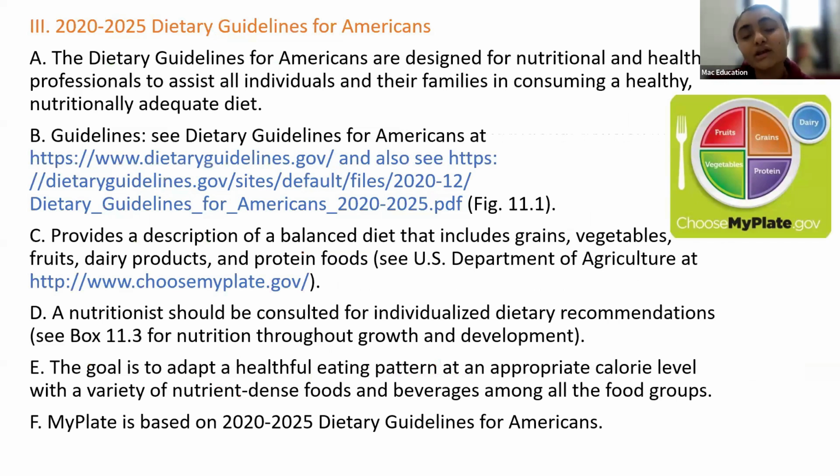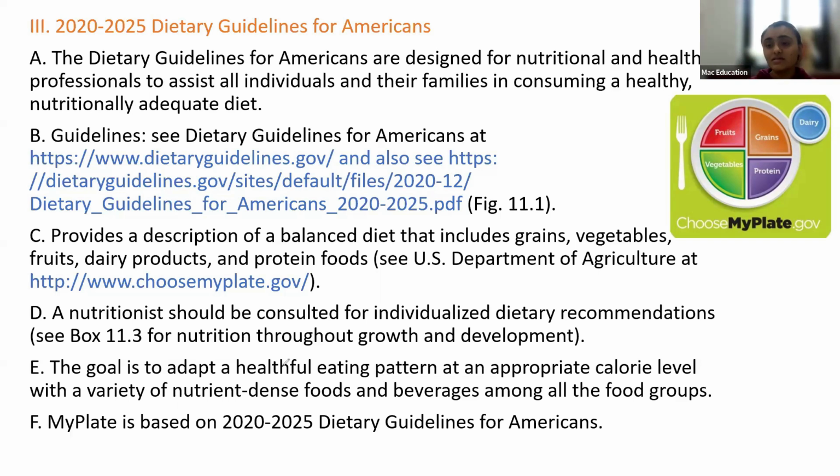Next, we have seen the 2020 to 2025 dietary guidelines, which are designed by some professionals for the Americans. So they are providing the MyPlate guideline. In the MyPlate guidelines, they are telling what proportion of fruits, vegetables, grains, proteins and dairy should be included in the plate.